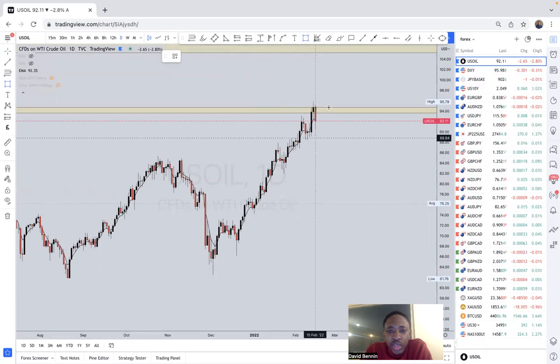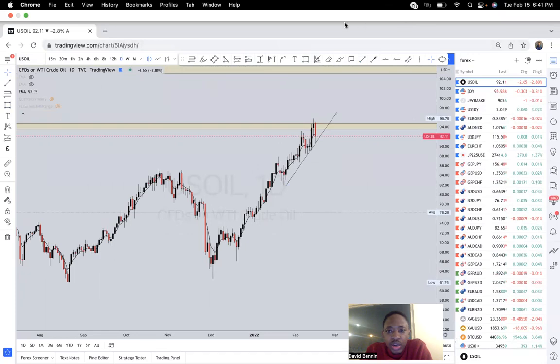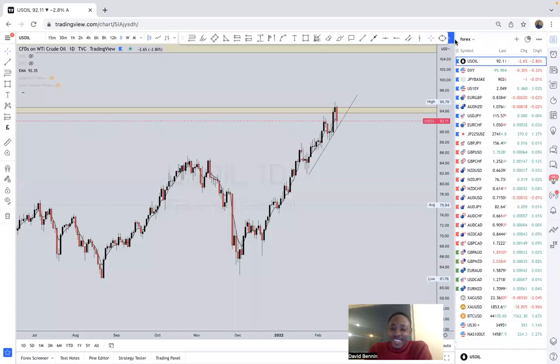For us to see at least some bearishness coming into the market, the first sign we would want to see in US oil is at least a break of this line here, but we still see this as bullish because that's what the structure says.